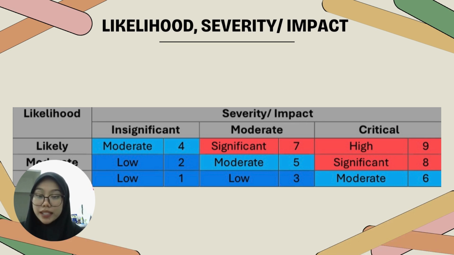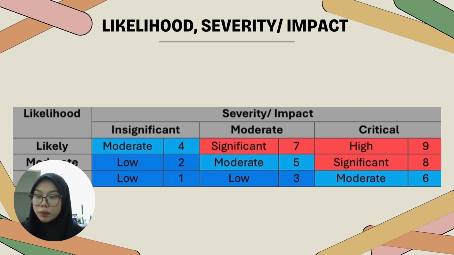So without wasting any time, we move to the first main content, which is likelihood, severity, and impact. As you can see, there is a table with likely, moderate, and unlikely.